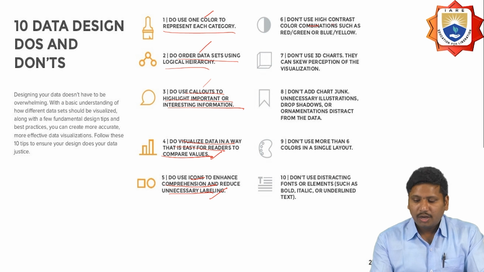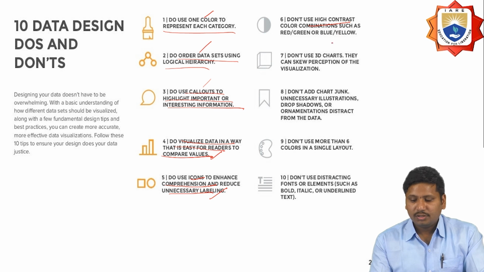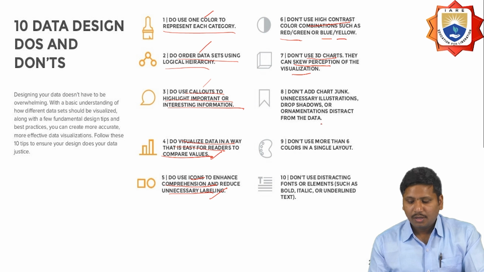Don't use high contrast color combinations, such as red and green, and blue and yellow. Don't use 3D charts, which can skew perception of the visualization. Don't add chart junk, unnecessary illustrations, drop shadows and ornamentations that distract from the data.